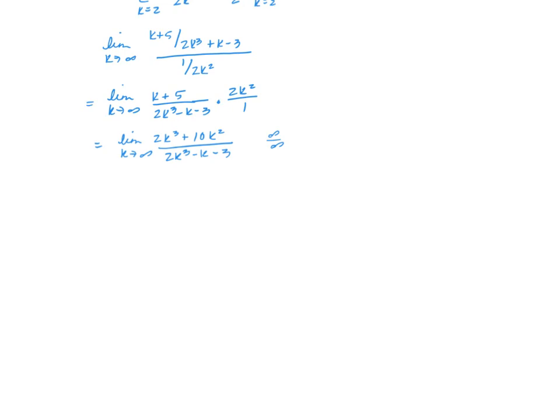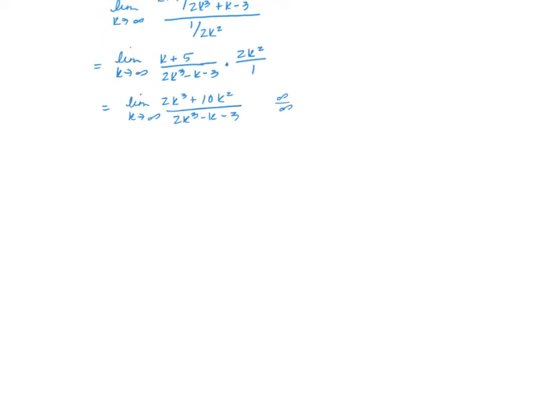You could use L'Hopital's, or I'm just going to, because I don't want to use L'Hopital's, it takes too long, divide everything by k to the third. That'll give me 2 plus 10 over k over 2 plus 1 over k squared minus 3 over k to the third.